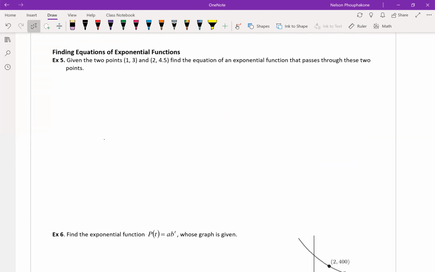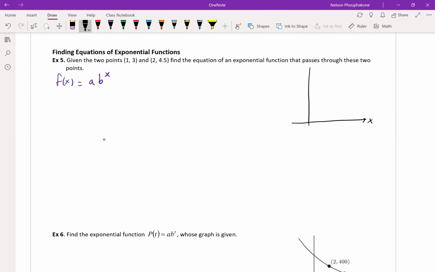Right now I am given 2 points, (1, 3) and (2, 4.5), and I would like to find the equation of the exponential function that passes through these 2 points. First of all, we know that the exponential function must be of the form f(x) = a times b to the x. Let's see how we actually work out the problem.